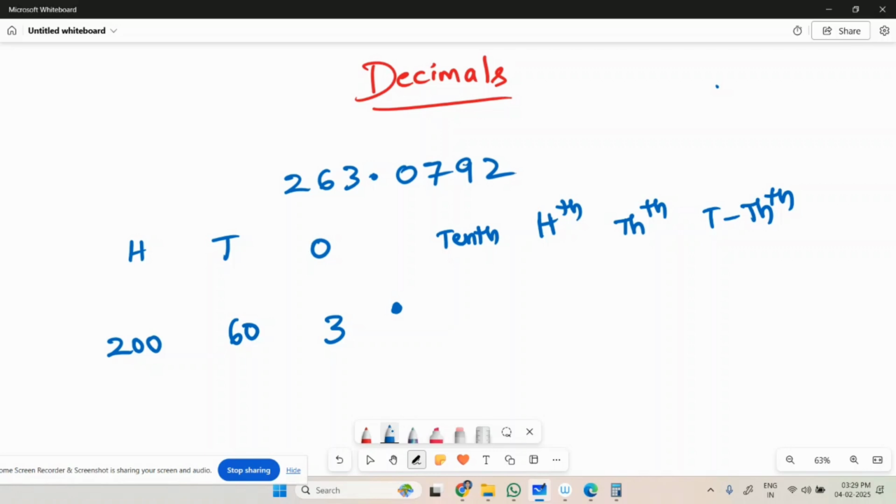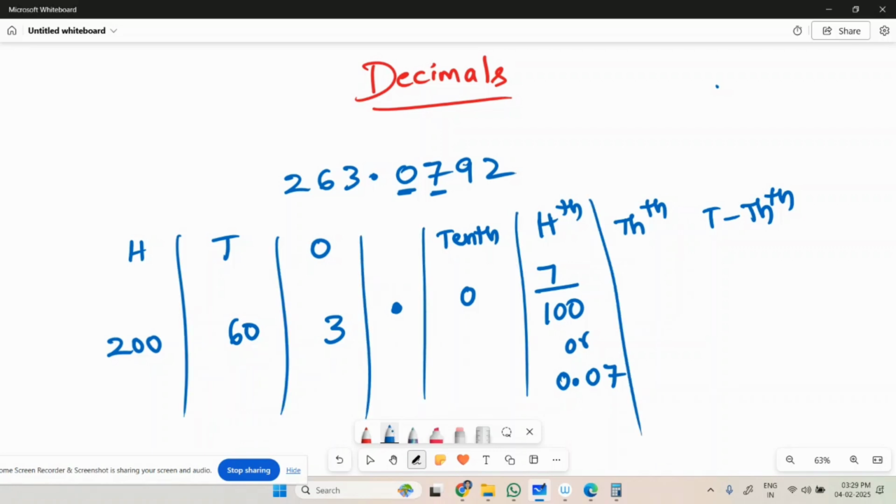Now, on the right side of the decimal point, first number is 0. So in the tenth place, we write 0 as it is. In the hundredth place, 7 is there. So the place value of 7 is 7 upon 100 or 0.07. Now in the thousandth place, we have 9.